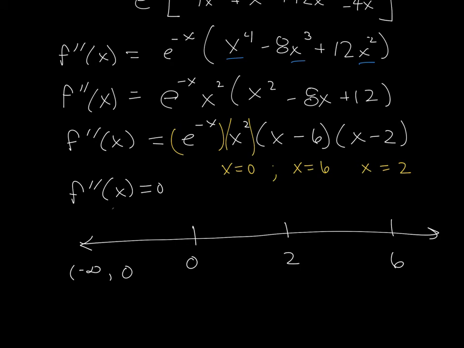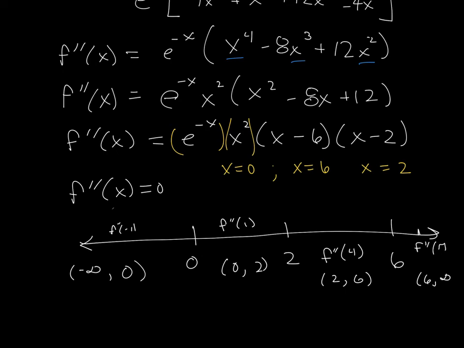So my test point is f of -1. Over here my next interval goes from 0 to 2. My test point inside there is going to be 1. My test point inside the interval from 2 to 6 is going to be 4. And lastly, my test point inside the interval from 6 to infinity is going to be 7.